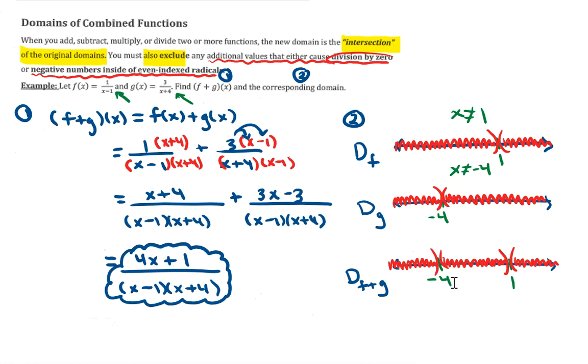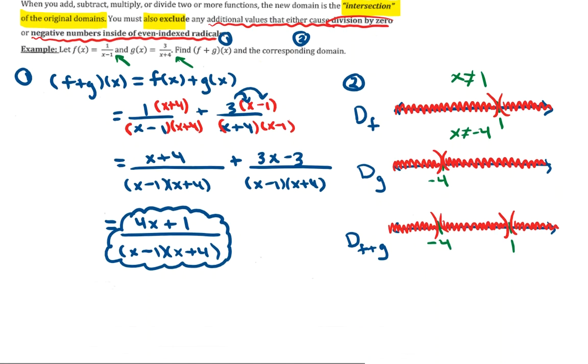How could we maybe determine that fact? Maybe based on looking at our combined function f plus g. Well, you'll notice in the denominator we have both the factors x minus 1 and x plus 4.